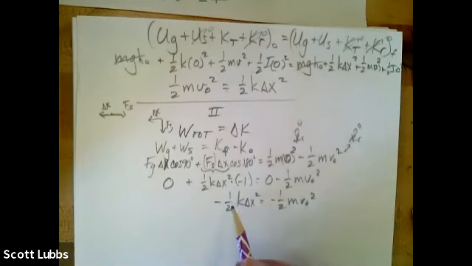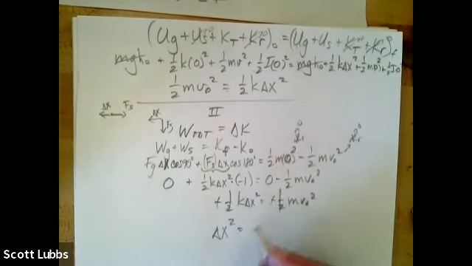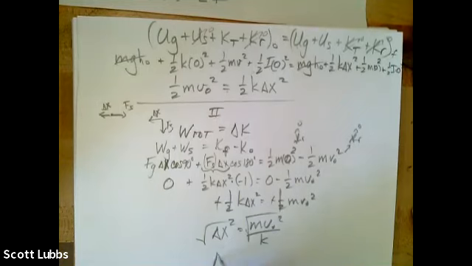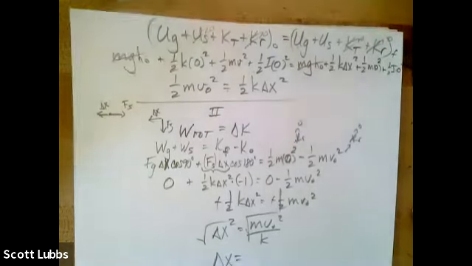What's delta X? Doesn't matter which one I use. So I will use this one, it's already here. Delta X squared, the 1/2 goes away. I end up with m v naught squared all over k. Take the root of that. Delta X. Oh, I forgot to put the k in, I have to come up with a value.